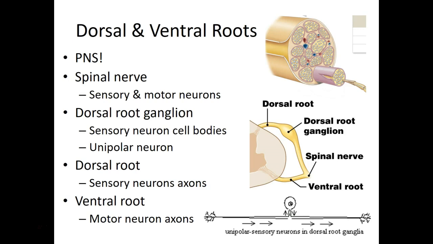So we're going out away, so it's efferent. It's an efferent pathway. And then here we have an afferent pathway. Does that make sense? Any other questions? Is it clear the difference between horns and roots? So roots are going to be outside the spinal cord. Horns are actually part of the spinal cord itself.